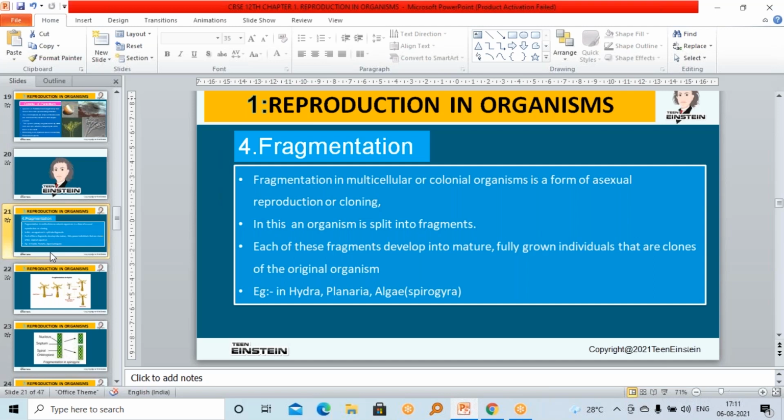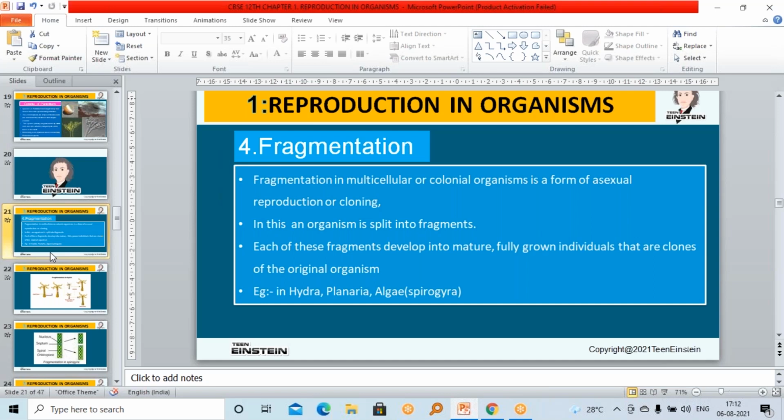As a small growth, it will develop. That means a bud is formed. This bud will get detached from the parental body and develop into a new organism.